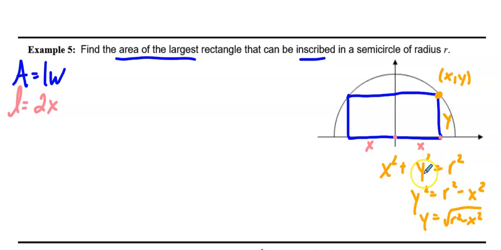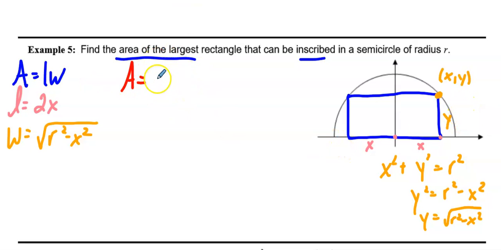So I could, if I wanted to, make my width equal to the square root of r squared minus x squared. And that's what y is equal to, right? The square root of r squared minus x squared.